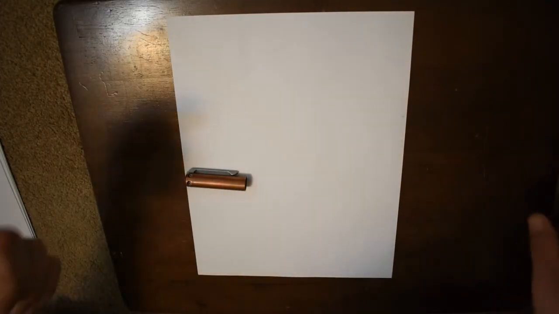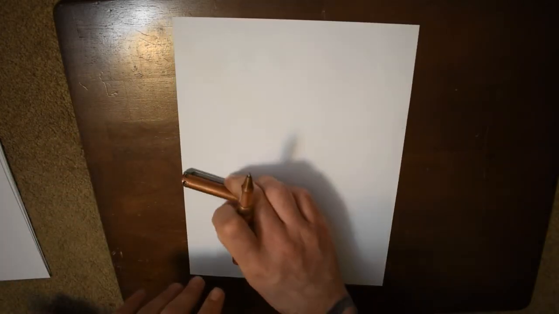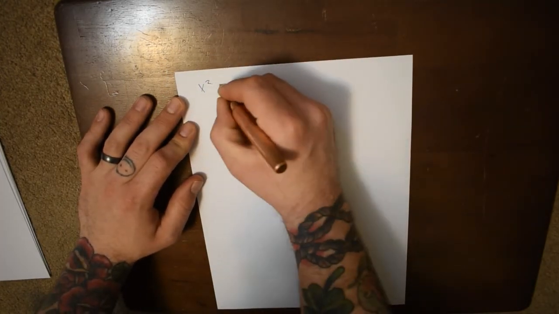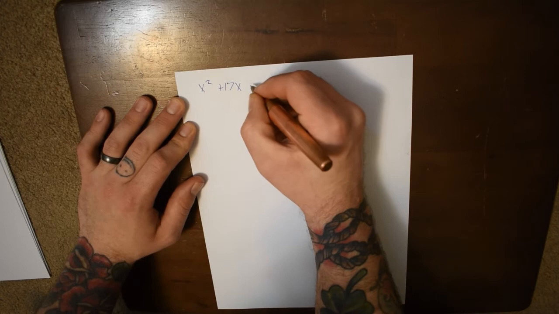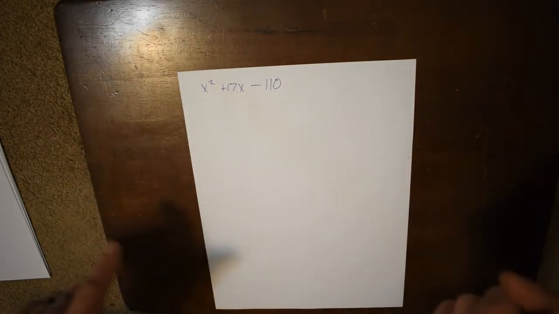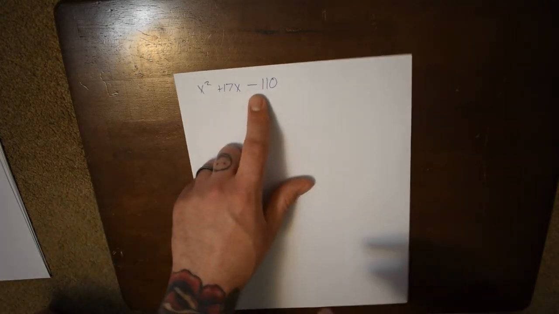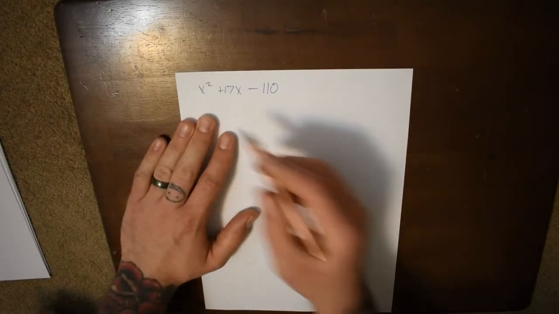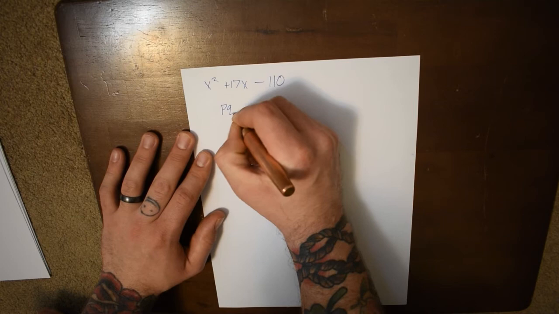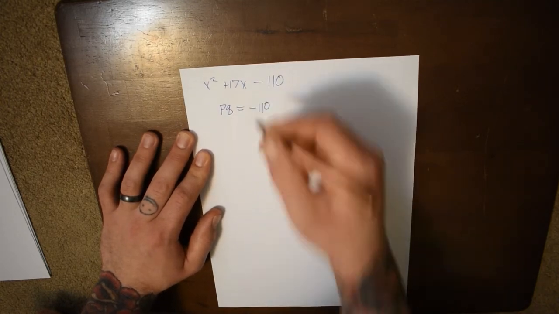So now let's factor some trinomials whose constant term is negative. Let's talk about something like x squared plus 17x minus 110. Now, the tricky thing here is that since this symbol is negative, we're still looking for two numbers, P and Q, that multiply together to equal a negative 110.